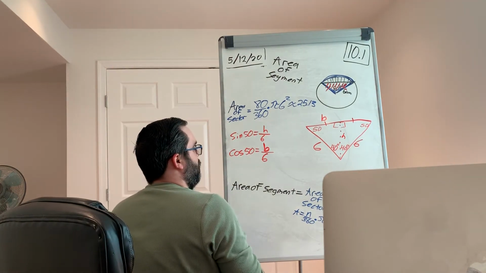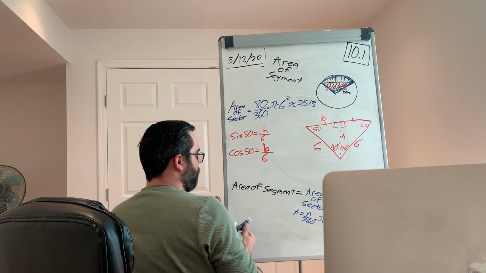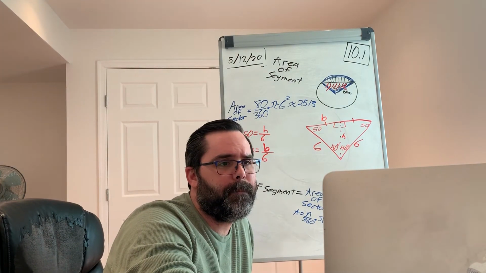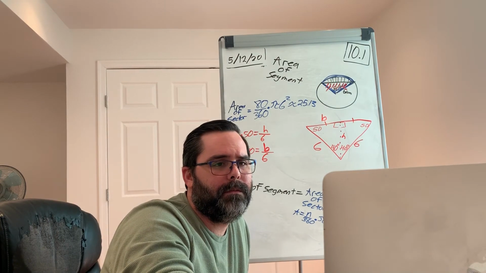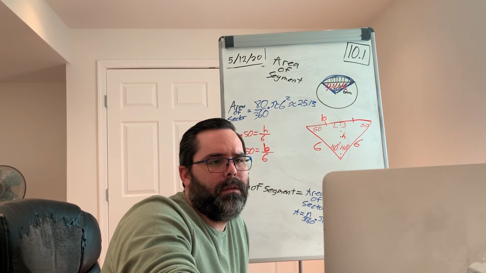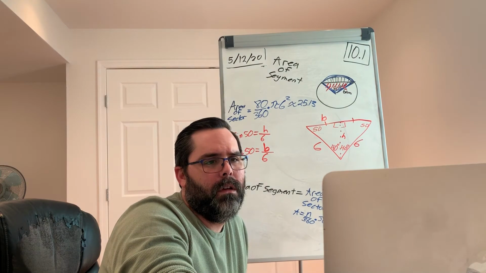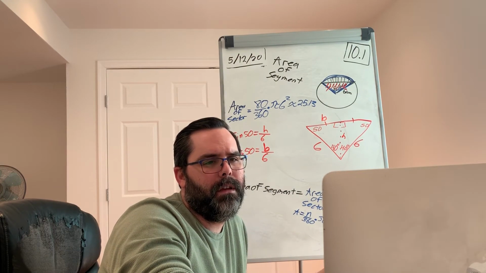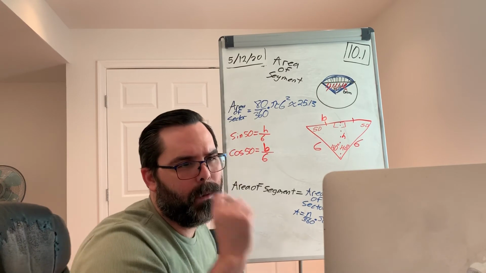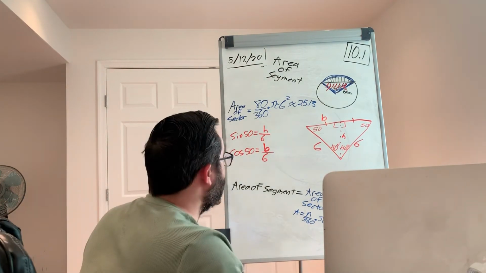All right. I need to use my calculator here. You know what? I can use this one. Okay, so the sine of 50 is 0.76 or 0.77.